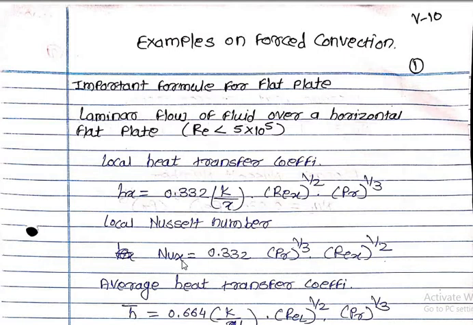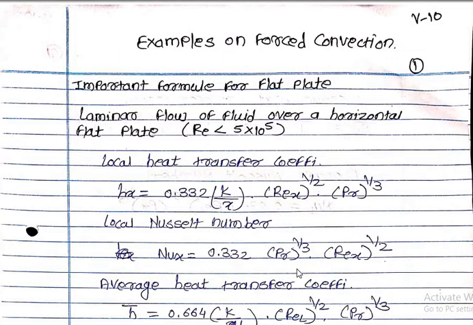By using that formula, the local Nusselt number is equal to 0.332 multiplied by Pr raised to 1 by 3 multiplied by Re suffix x raised to 1 by 2, where Nu suffix x is the local Nusselt number, Pr is the Prandtl number, and Re suffix x is the local Reynolds number.